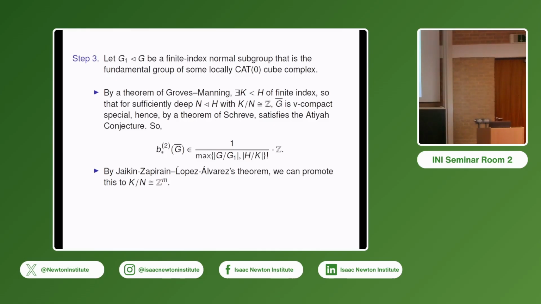And we had to work a bit more to show that when we have that, we can take further quotients of our group, to get to the situation where this K mod N is Z, show that it satisfies the Atiyah conjecture, and use this approximation theorem of Hawkins, Zapper, and Lopez Alvarez to say something about our original situation where K mod N is Z to the M. And that showed that the L2 Betti numbers are equal. So that finishes step 3. Thank you.